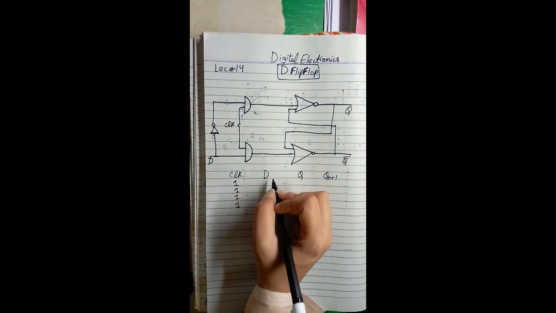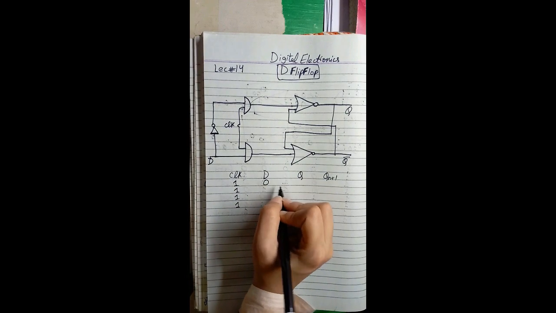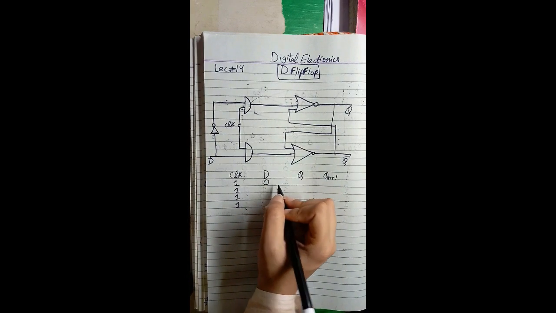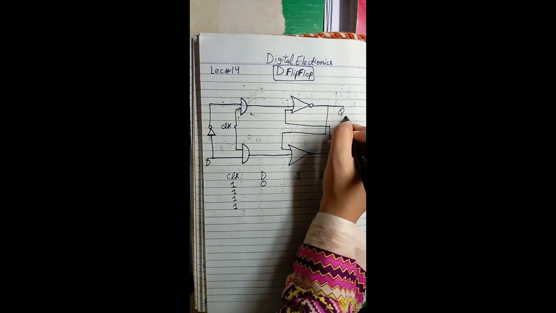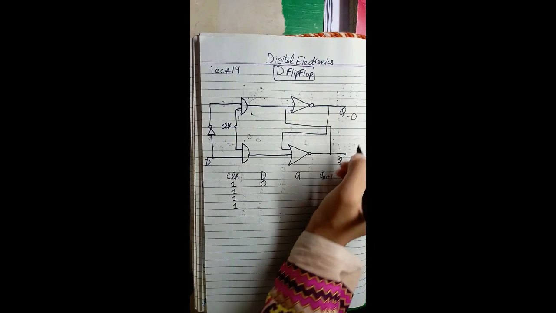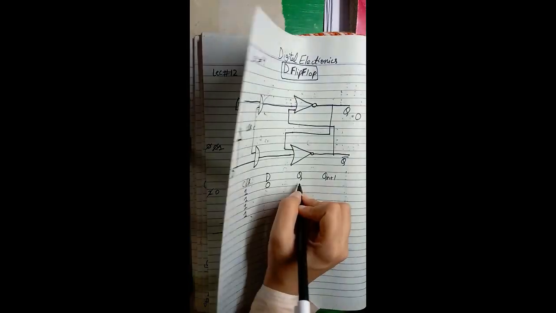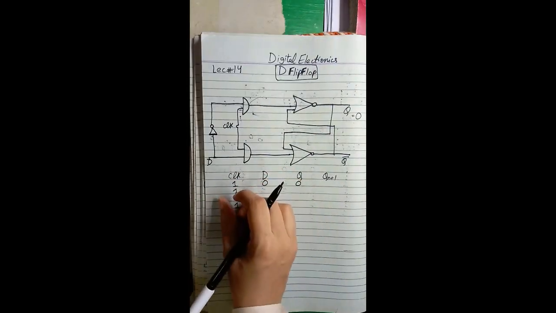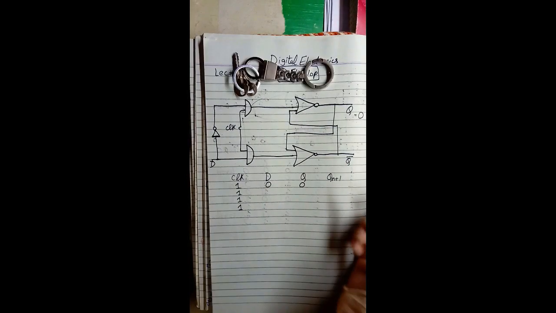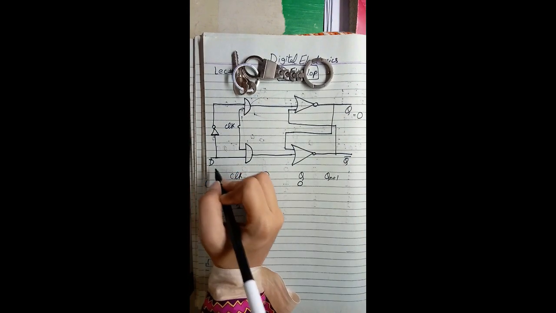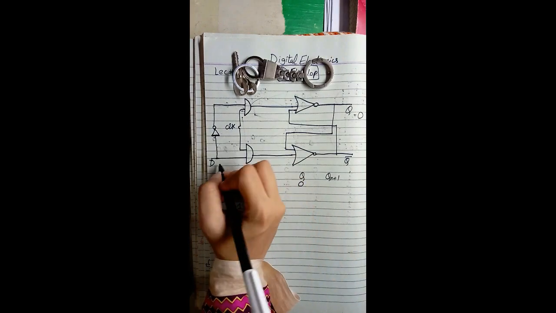So for the D, we are taking 0, and we are imagining our value Q as 0. So we have this 0. Process it as D is 0.